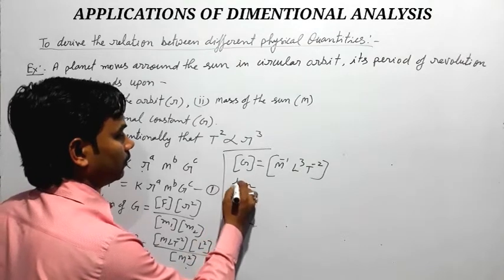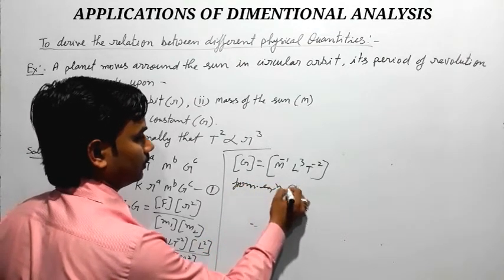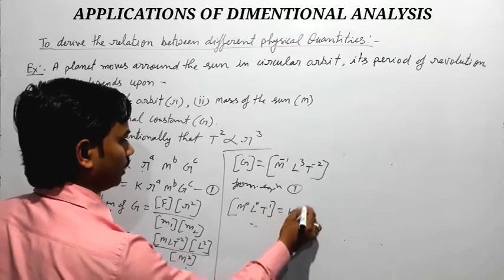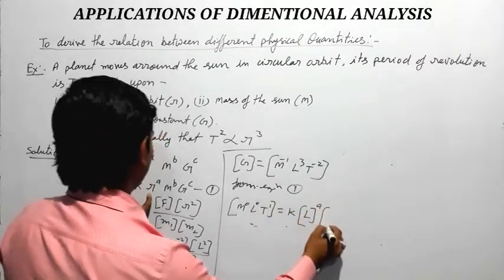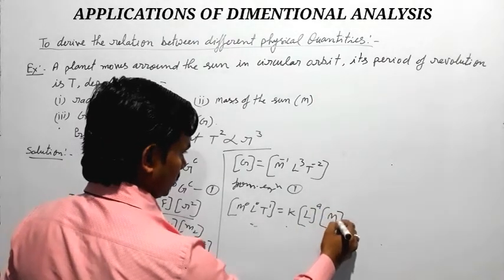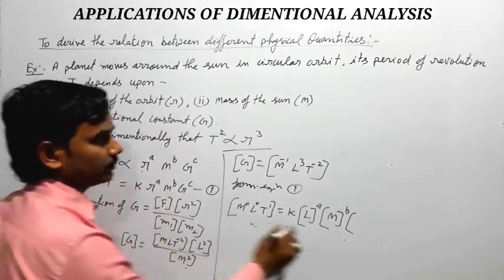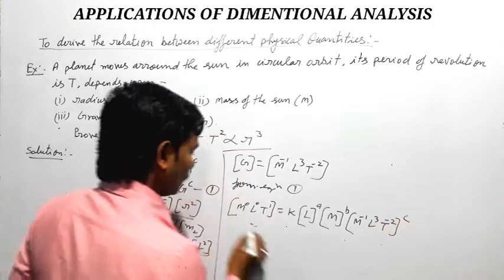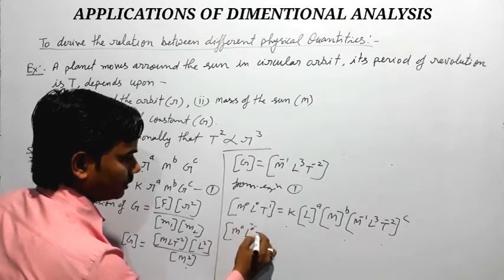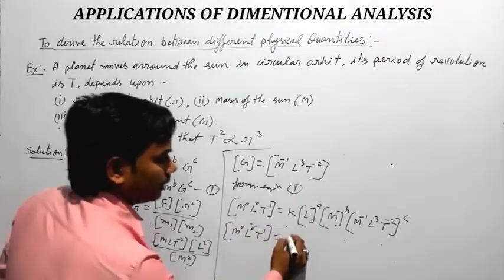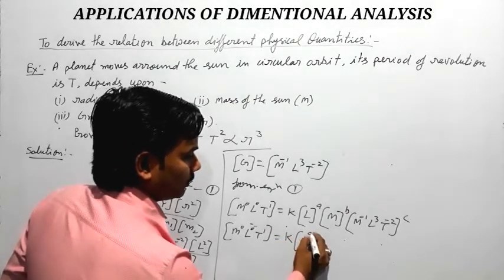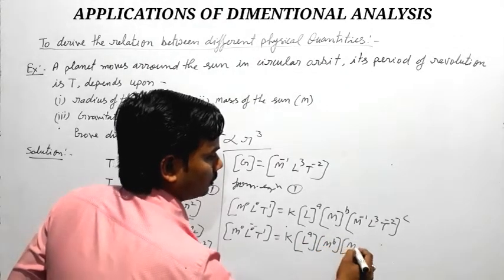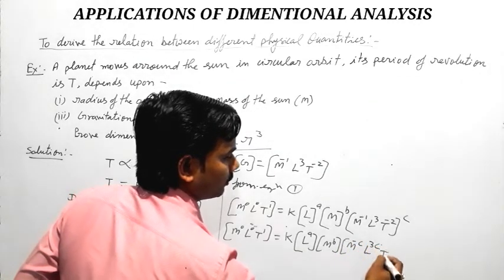So from equation 1 we will write the dimensions: M to the power 0 L to the power 0 T to the power 1 equals k, the dimension of r, that is L to the power a, the dimension of mass, M to the power b, and the dimension of G, that is M to the power minus 1 L cubed T to the power minus 2, whole power c. So M^0 L^0 T^1 equals k L^a M^b M^(-c) L^(3c) T^(-2c).